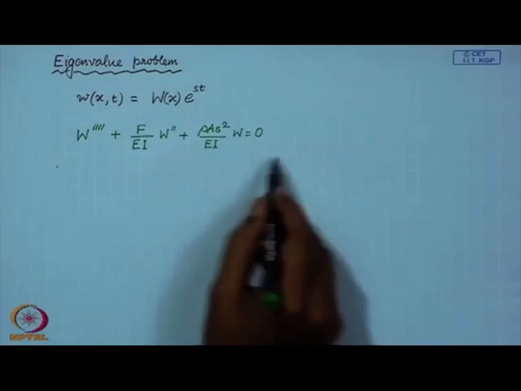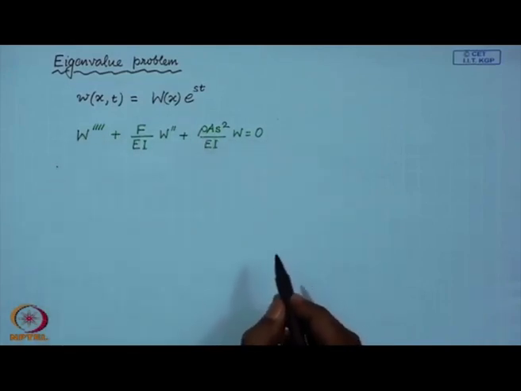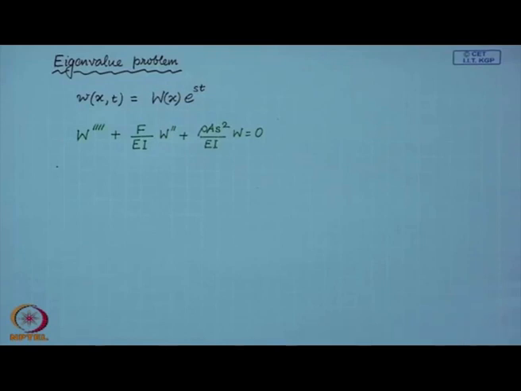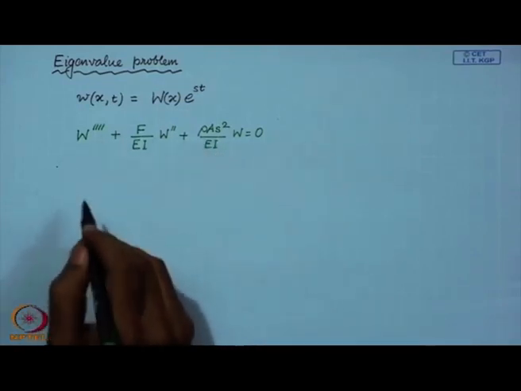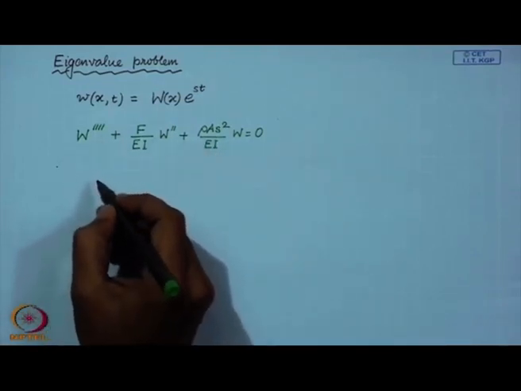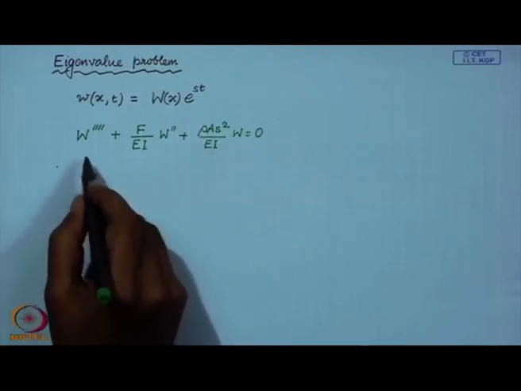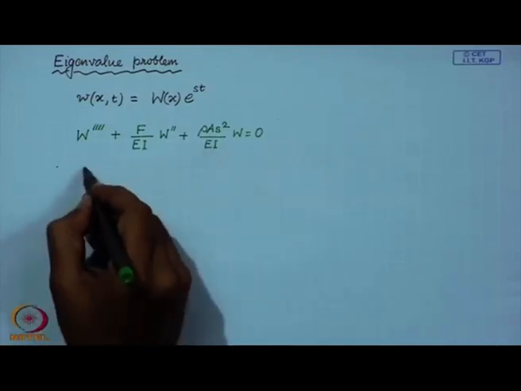so that is the differential equation for the eigenvalue problem, and along with this we have the boundary conditions.